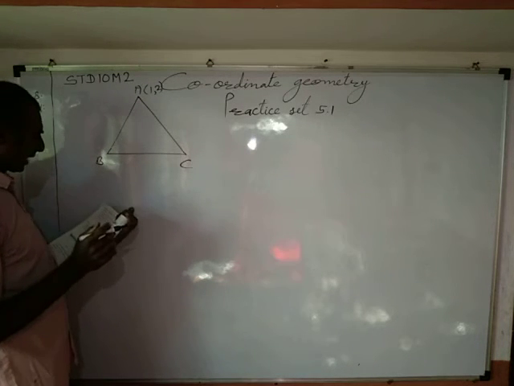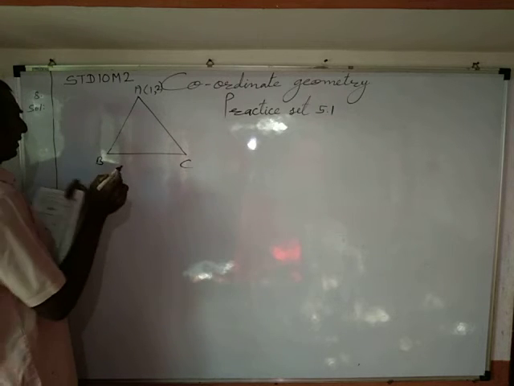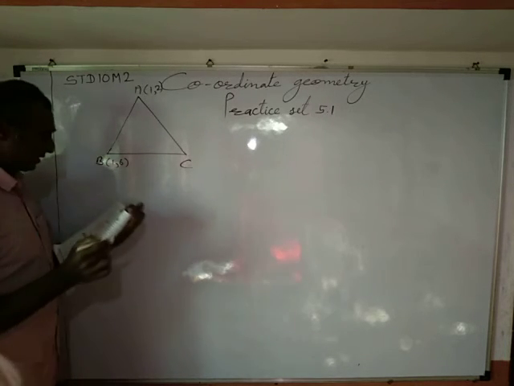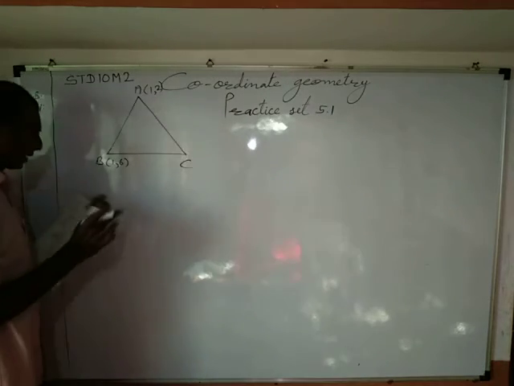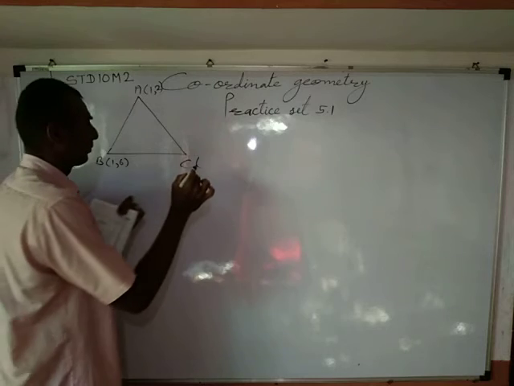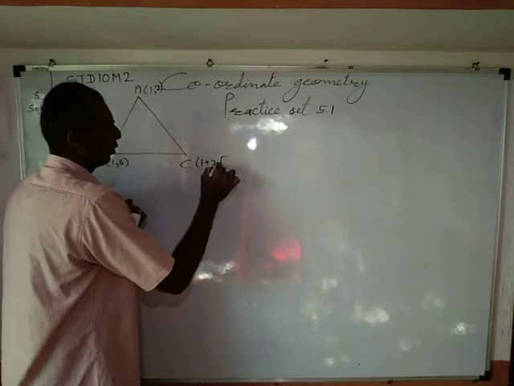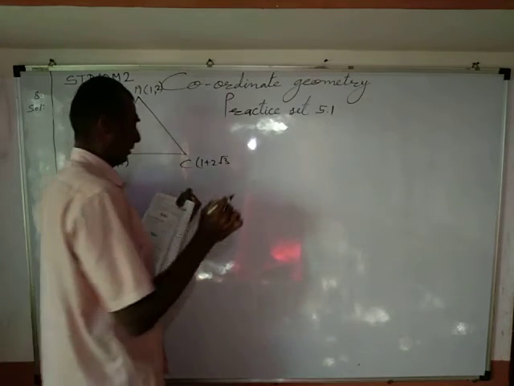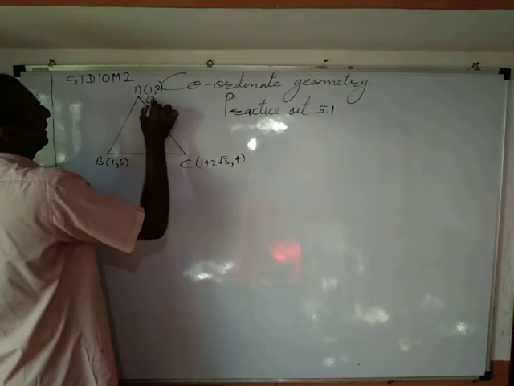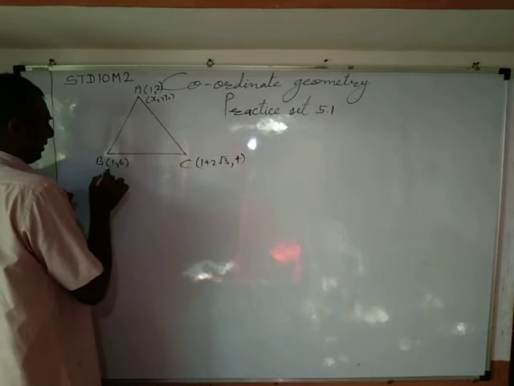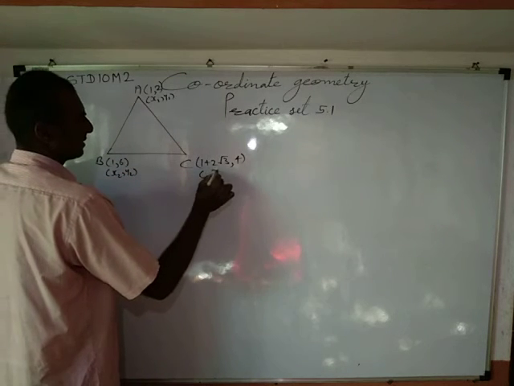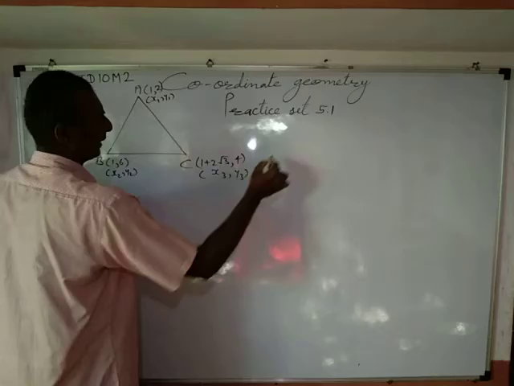If we are able to prove that AB equal to BC equal to AC, then we may declare triangle ABC is an equilateral triangle. Here A is (1, 2), B is (1, 6) and C is (1 plus 2 root 3, 4). Let A be (x1, y1), B be (x2, y2) and C be (x3, y3).